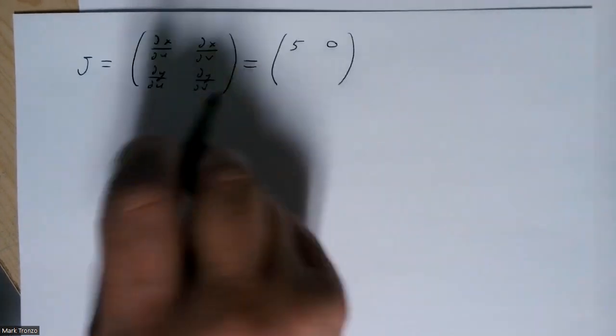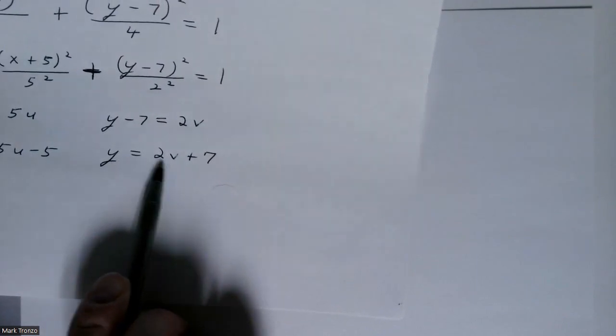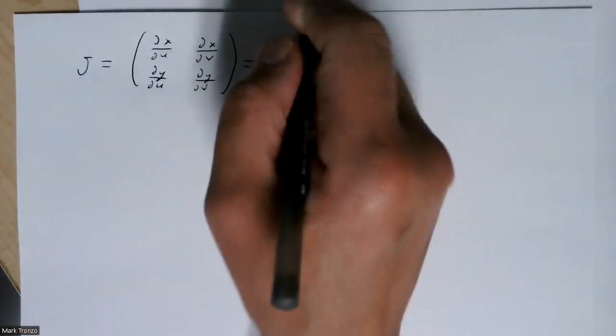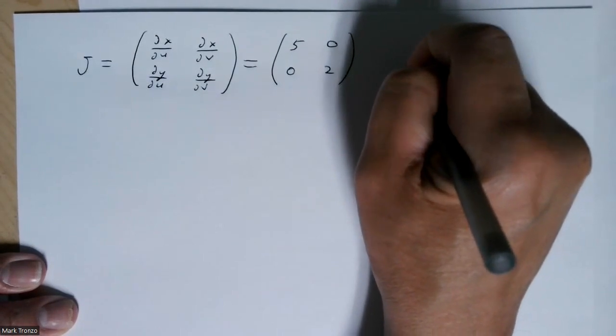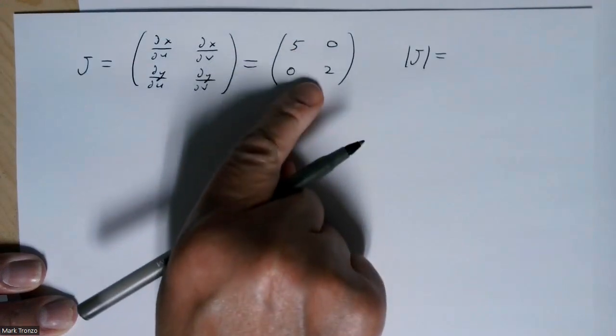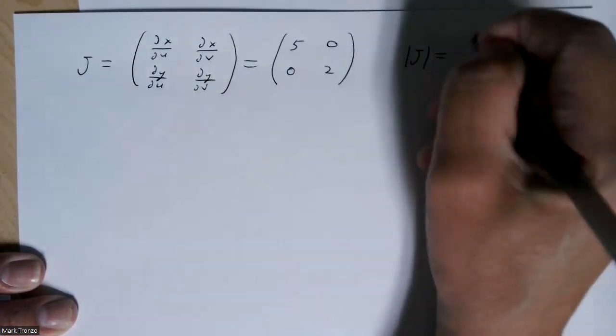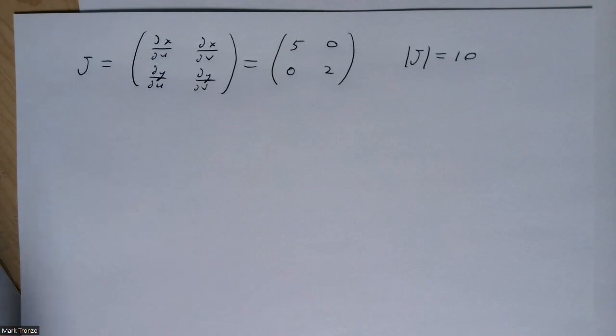There's no v in the x equation. Then dy du is 0, and dy dv is 2. And then if we do the determinant of this Jacobian, we're going to get 5 times 2 minus 0. So the determinant of the Jacobian is going to be 10.